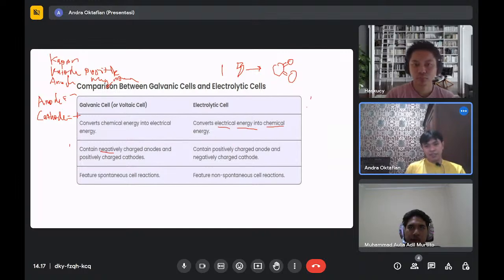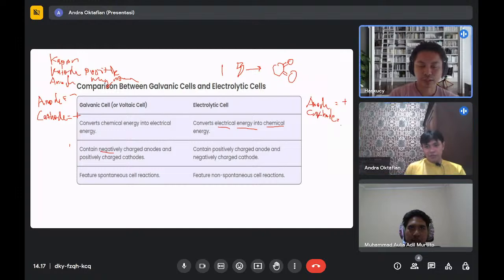So the anode and cathode are the reverse of the voltaic cell. The anode is positive and the cathode is negative.